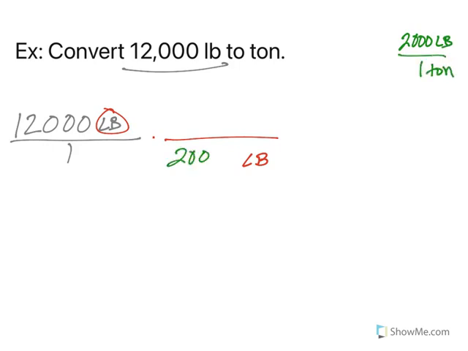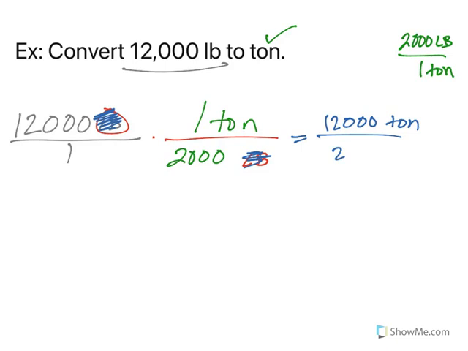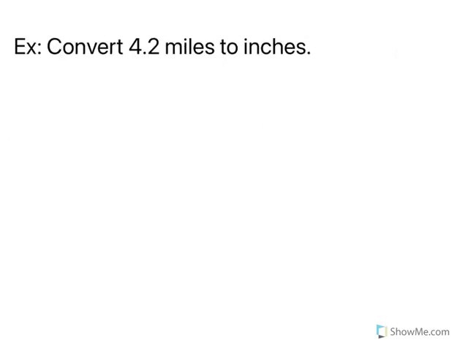So 2,000 pounds is equal to 1 ton. And that's the label I want to be in. So my label of pounds goes away, and I have 12,000 ton over 2,000. I divide 12,000 divided by 2,000, and I end up with 6 ton. Comes out nicely, nice, even answer.